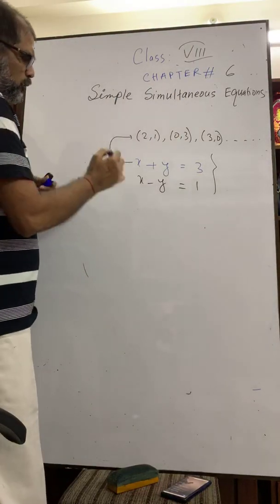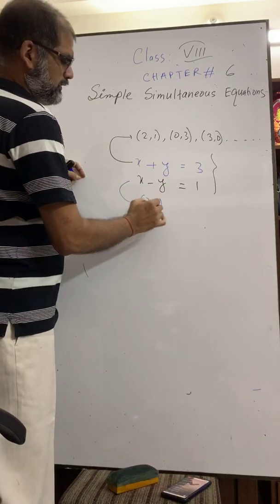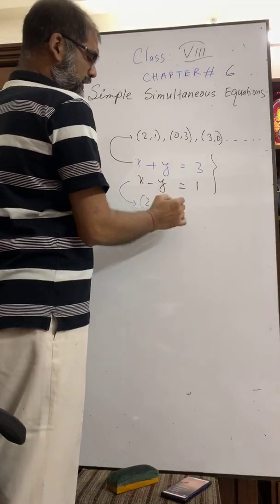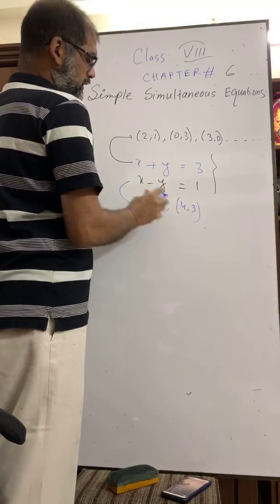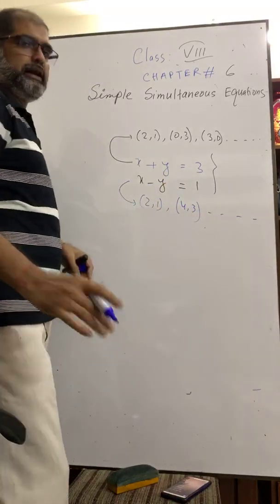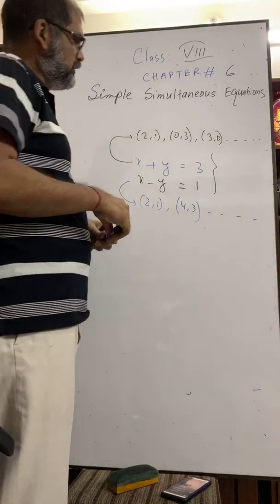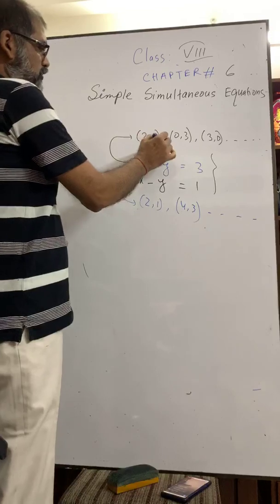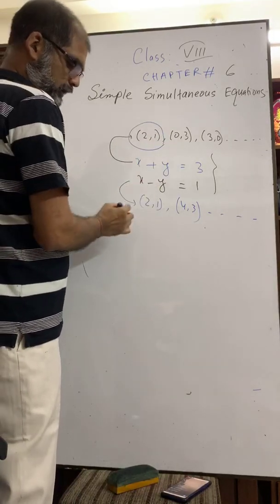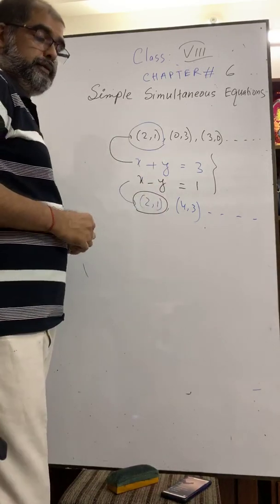And here it is also 2, 1: 2 minus 1 equals 1. We can write like this 4, 3: 4 minus 3 equals 1. In this way, we can write infinite number of solutions for the second equation also. But you see, we have only one solution which is common. Have you seen? 2, 1.